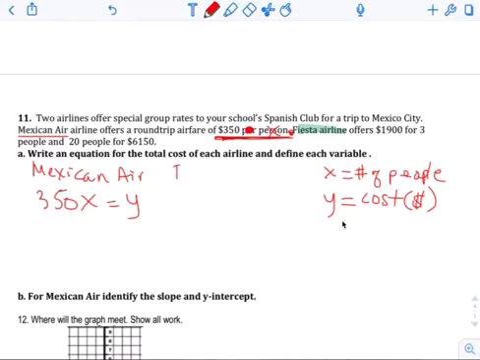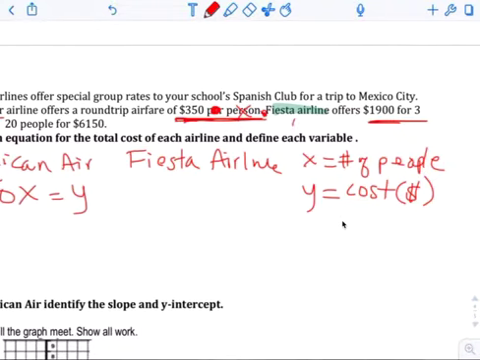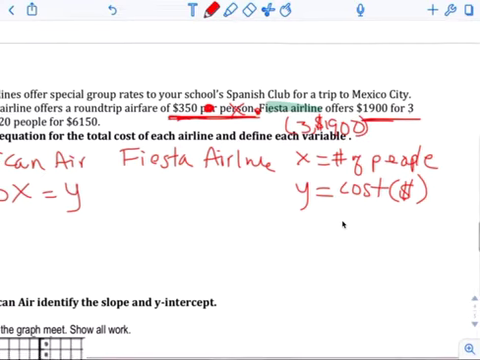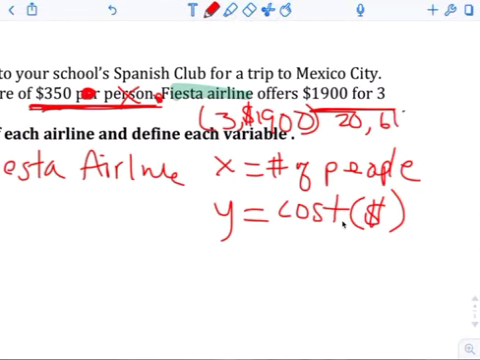Fiesta Air offers this much for 3 people. So 3 people, $1,900. And 20 people for $6,150.